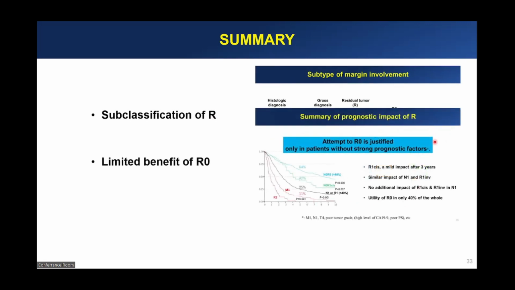This slide shows just one. The utility of R0 is only 40% in this flow. I believe R0 is justified only in patients without strong prognostic factors. So during surgery, we have to check the tumor status such as vascular invasion or something like that, which has a strong impact on survival.